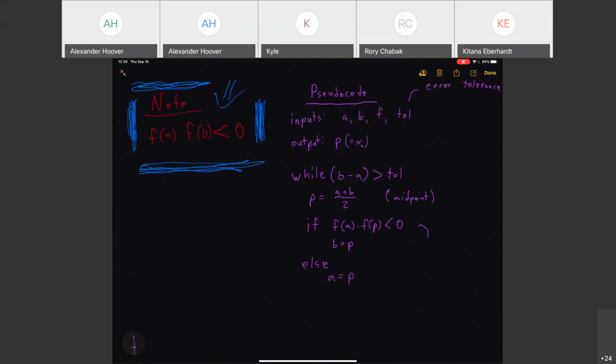So what this is doing is checking this note that I had before, and then using that as a criterion for bisecting the domain. And when I say domain, I really just mean the interval or the domain of interest.